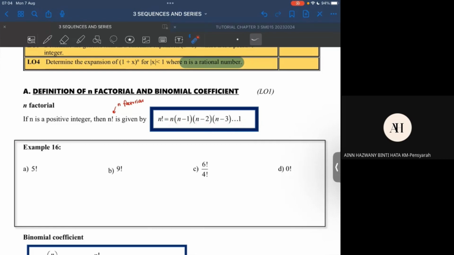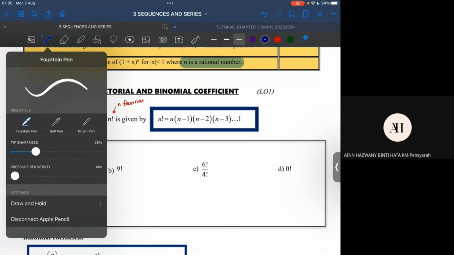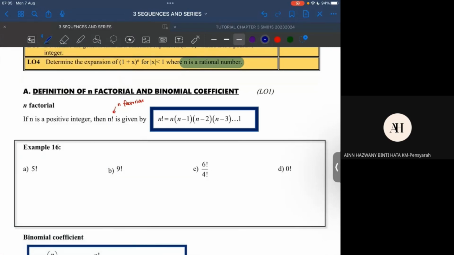Contoh dekat sini, first example, 5 factorial, kita akan dapat n, dekat sini n. So 5 lah. Multiply, kejap kat sini akan dapat 5 lah. And then kita ada 5 minus 1. 5 minus 1 is 4.